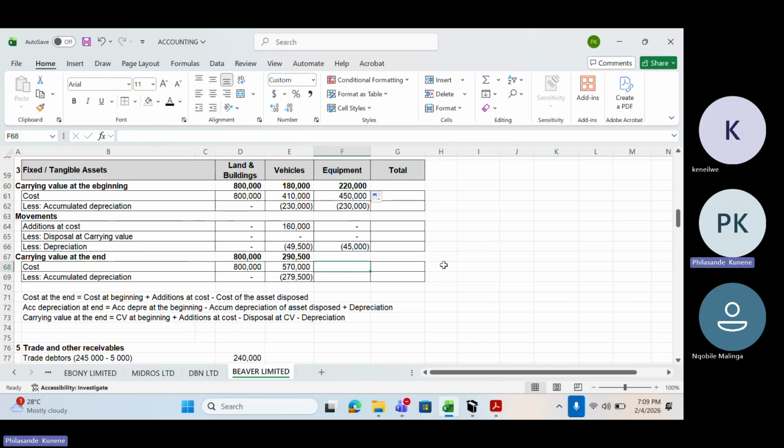Then my cost at the end, how much cost at the end am I going to have? Smanga, this is yours. How much cost are we going to have at the end? How much is our cost price at the end?